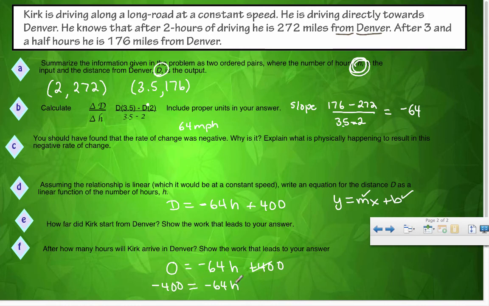and now to solve this, I'm going to divide it out. So 400 negative divided by negative 64. Now you guys are going to reach for your calculator, but I'm going to do this.